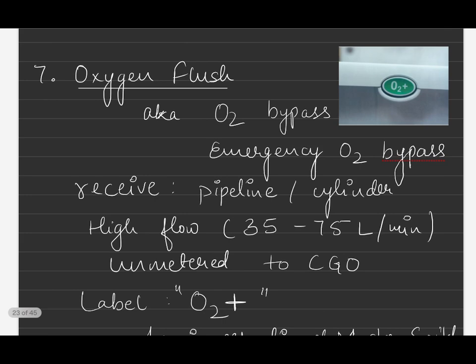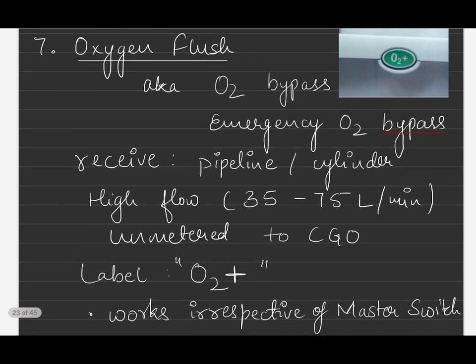It works until pressed. It is not like once you press it, it will continue delivering oxygen at unmetered flows. It is not like that. You have to keep pressing it as long as you need it. It has a recessed setting. It is not coming out of the surface, so that there is no accidental activation or accidental pressing of the button.